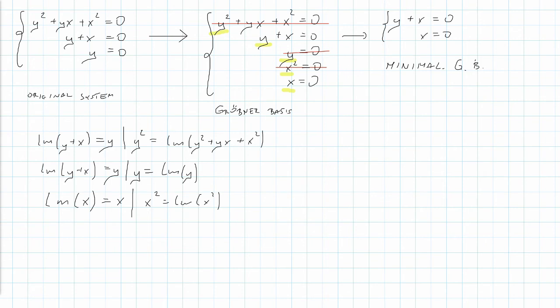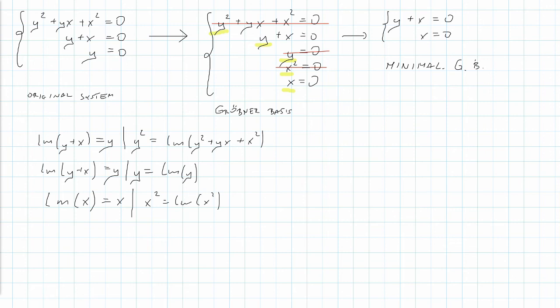So this was the notion of the minimal Grobner basis. The idea is that we remove unneeded equations from the system. We started with some arbitrary system, we enlarged it to a Grobner basis, and now we minimalize this Grobner basis by removing the equations which do not contribute to the set of solutions.